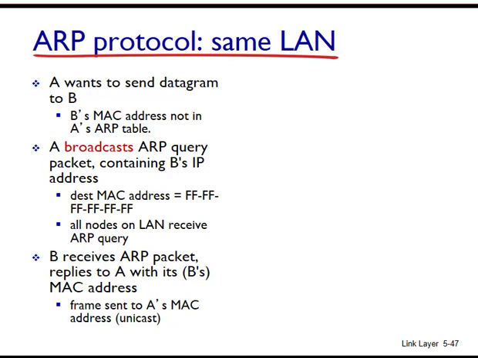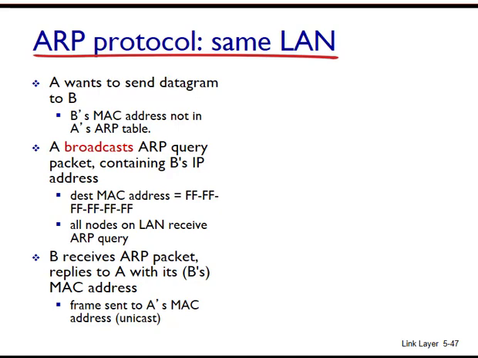To send a datagram, the source must give the adapter not only the IP datagram, but also the MAC address for the destination at IP address 222.222.222.222. The sending adapter will then construct a link layer frame containing the destination's MAC address and send the frame into the local area network.